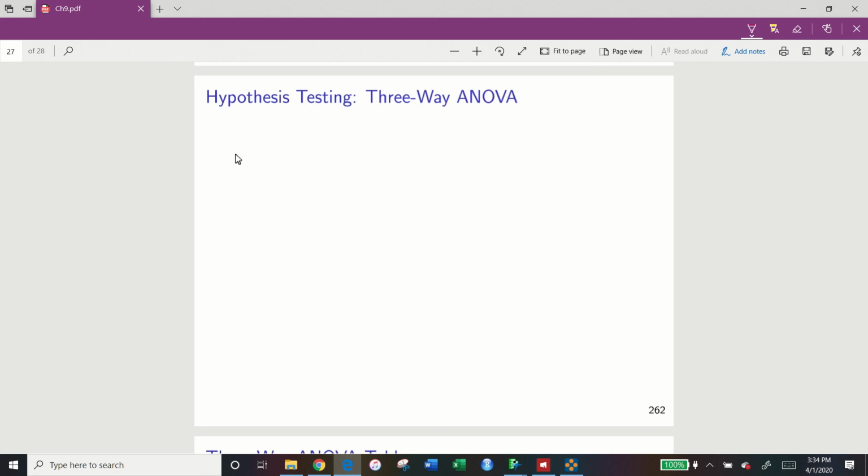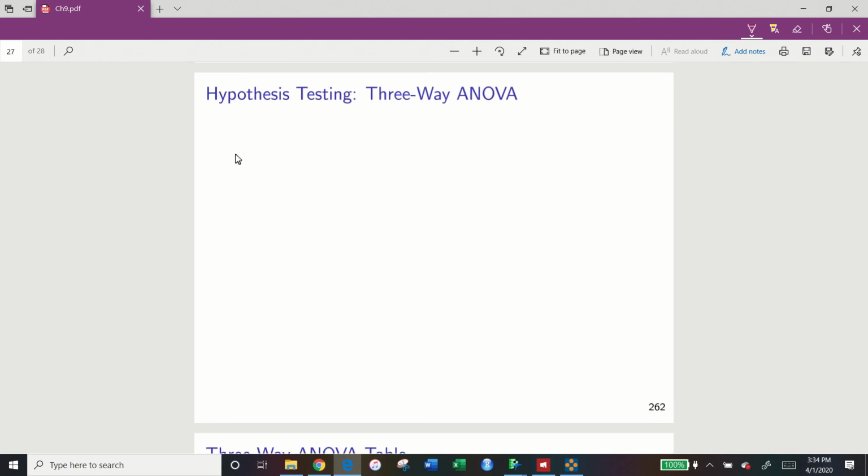very similar flowchart to what you saw for the two-way. So once again, to start off, we do the overall F-test for the model.